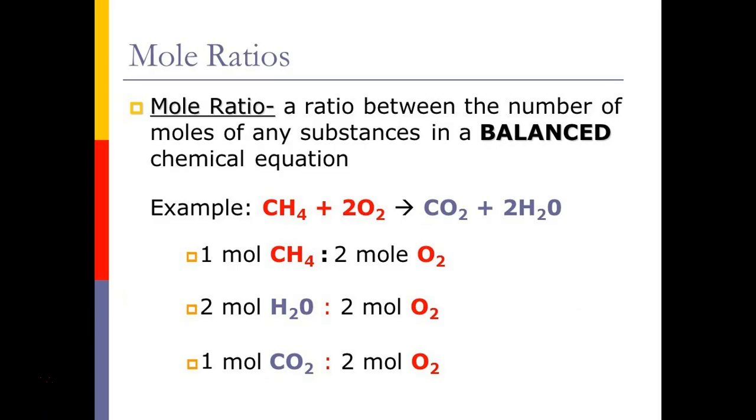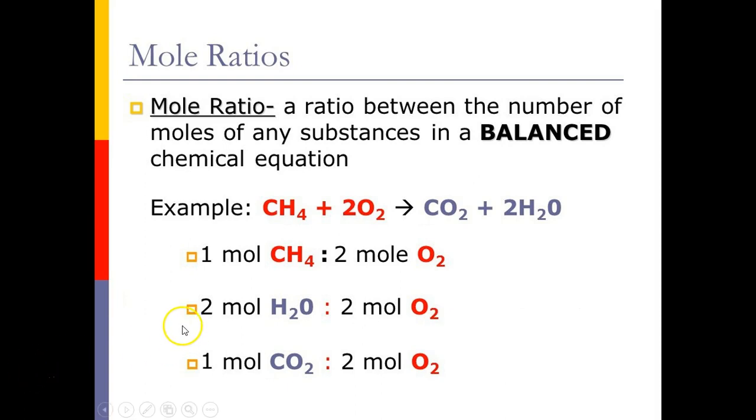So if we know that these things mean moles, then the mole ratio is the ratio between the number of moles of any substance in a balanced chemical equation. It has to be balanced because the coefficients are going to be what tell you the moles. So in the equation CH4 plus 2 moles of oxygen produces 1 mole of CO2 plus 2 moles of water, we can find several different mole ratios in this.